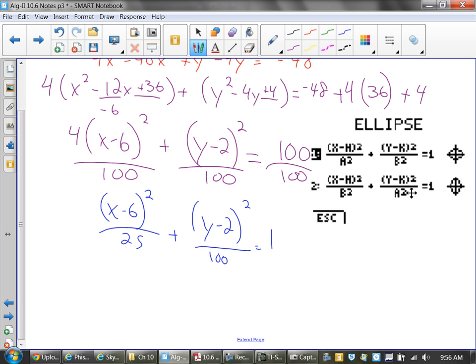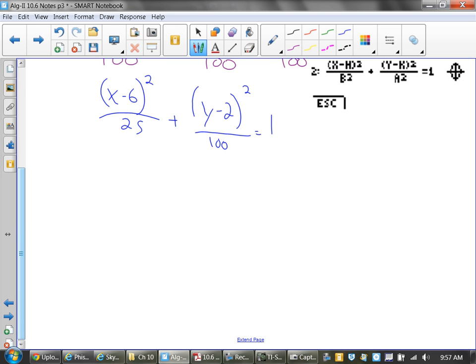Is that up and down? Yeah. So my H, I don't know which one. All right, so again, at this point, we know that our center is at 6, 2 for your H and K. I know that my A squared is 100, B squared is 25.